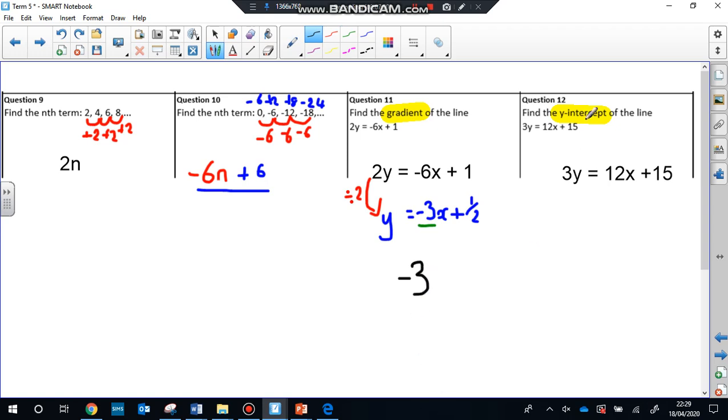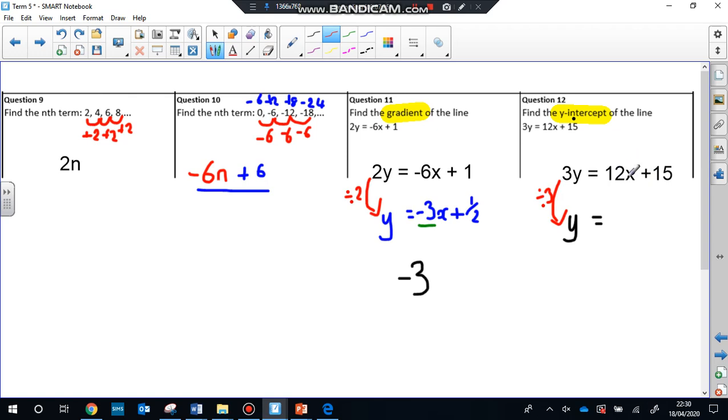Okay? Question 12, we're then asked to find the y-intercept of this line. So same idea, it has to be in the form y equals, and at the moment it's 3y equals. So how do I get from 3y to y? I have to divide by 3. If I'm dividing that by 3, I've got to divide everything by 3.